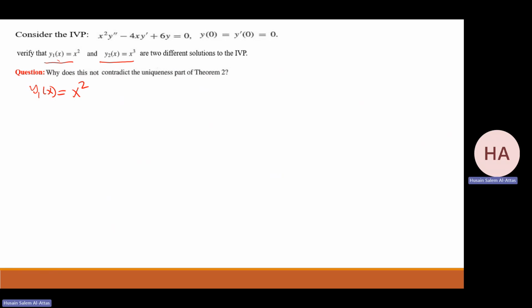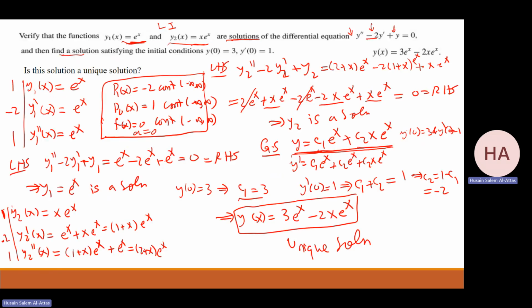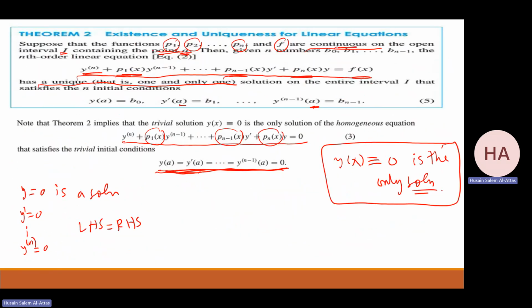In this case, it's a little bit different. y1 of x equals x squared will satisfy the equation and satisfy the initial condition. Let us check it. I will check both. So they are two different solutions of the initial value problem. Because when we talk about uniqueness, we're talking about uniqueness for the initial value problem with this initial condition.